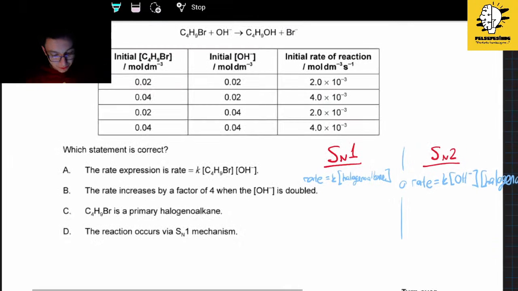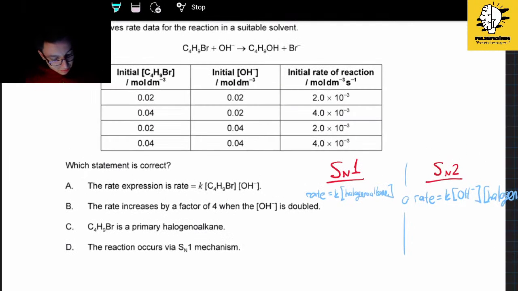Yes. So it is saying that the rate expression is rate equals K times C4H9Br and OH minus. So you may ask, how are we going to answer this question? You have to check the impact of changing the initial concentration on the initial rate of reaction. Let's see if the C4H9Br concentration is effective on the rate expression.